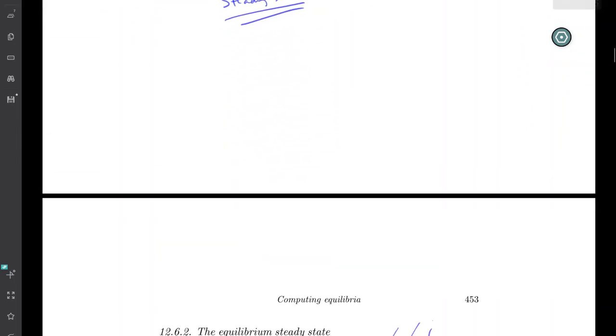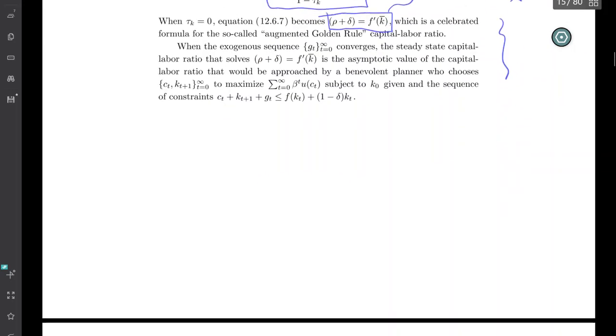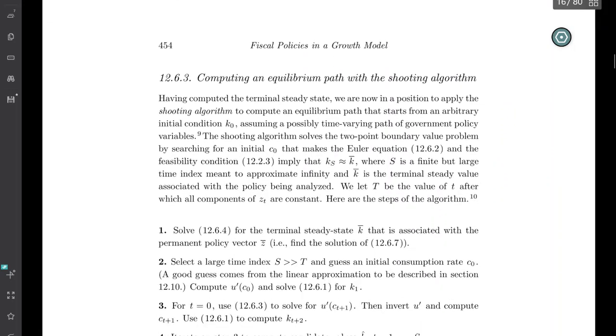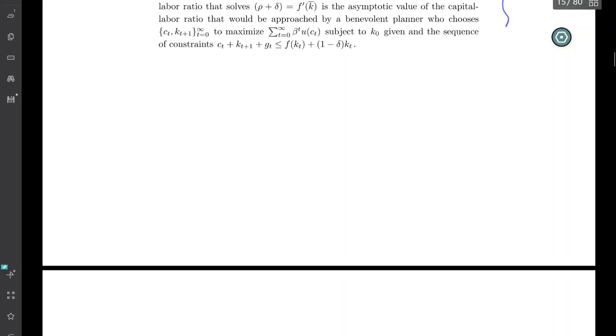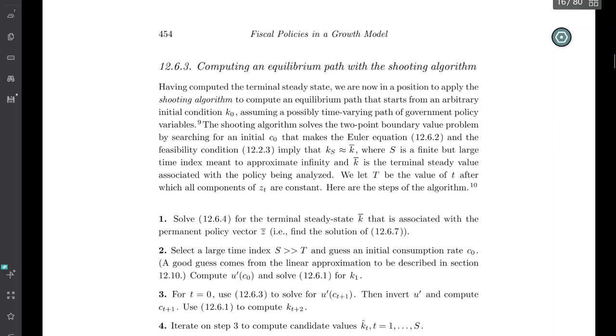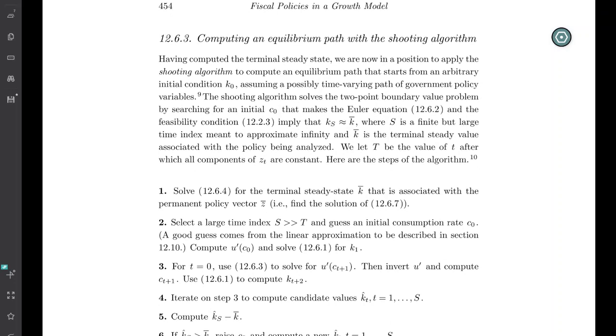So now we're all set up to actually apply the shooting algorithm. I'll just conclude this little lecture by telling you what the steps are. We're going to have an economy where eventually government policies are set such that a steady state exists, and we can be confident that we'll converge to it.